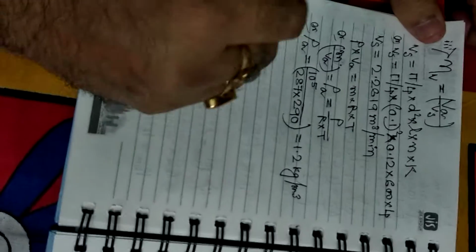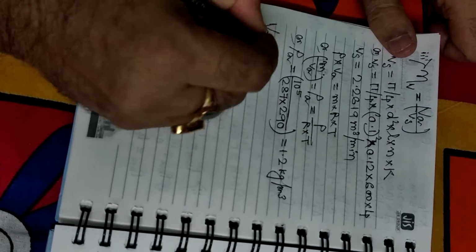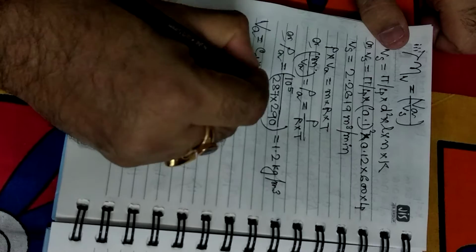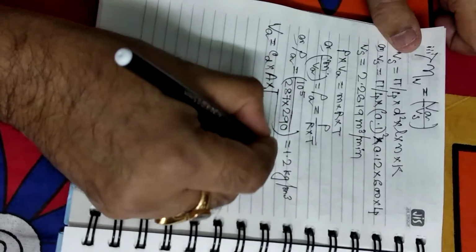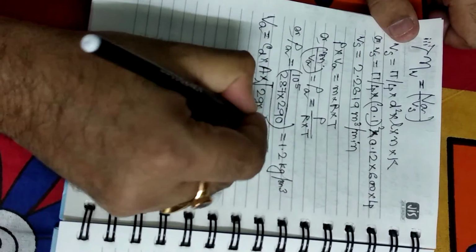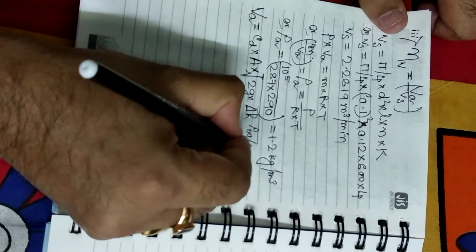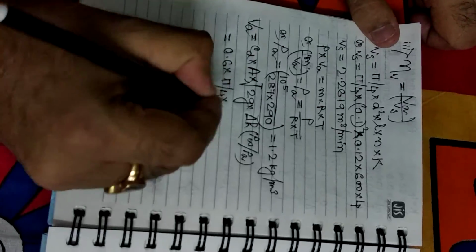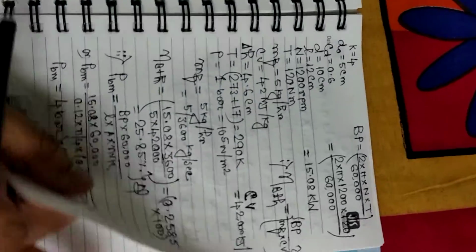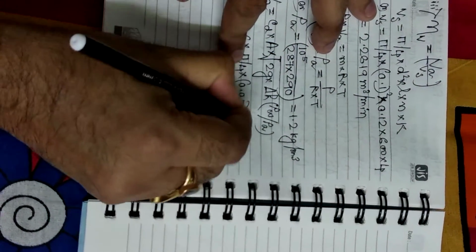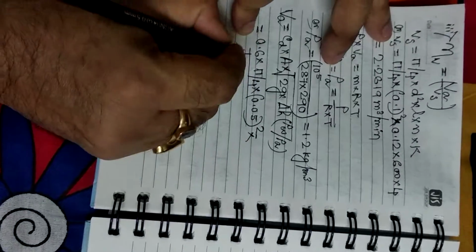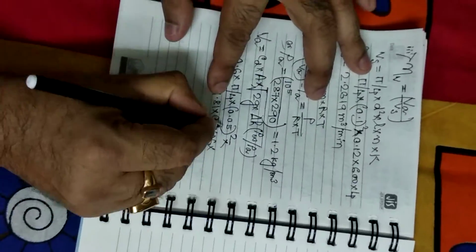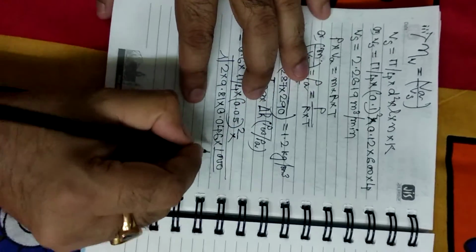Okay. So now VA formula is CD into A into root over 2G into delta H by rho W by rho A. So it will be CD is 0.6 into pi by 4 DO, that is the orifice diameter is 5 centimeter, so 0.05 meter whole square into root over 2 into 9.81 into delta H, it is 4.6, so it will be 0.046 into 1000 by 1.2.